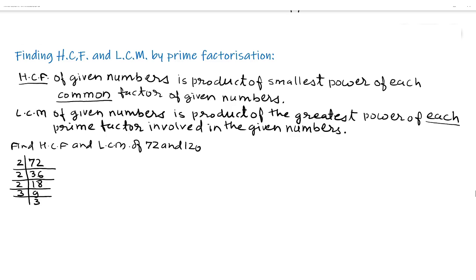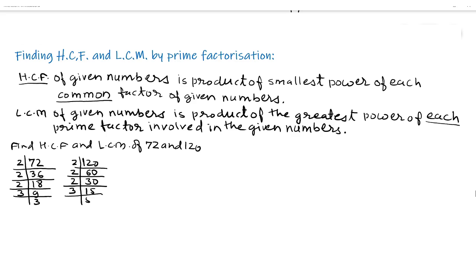Now we factorize 120. Dividing 120 by 2 gives 60. Then again on dividing by 2 we get 30. Again we divide it by 2 we get 15. It is divisible by 3, so we divide it by 3.